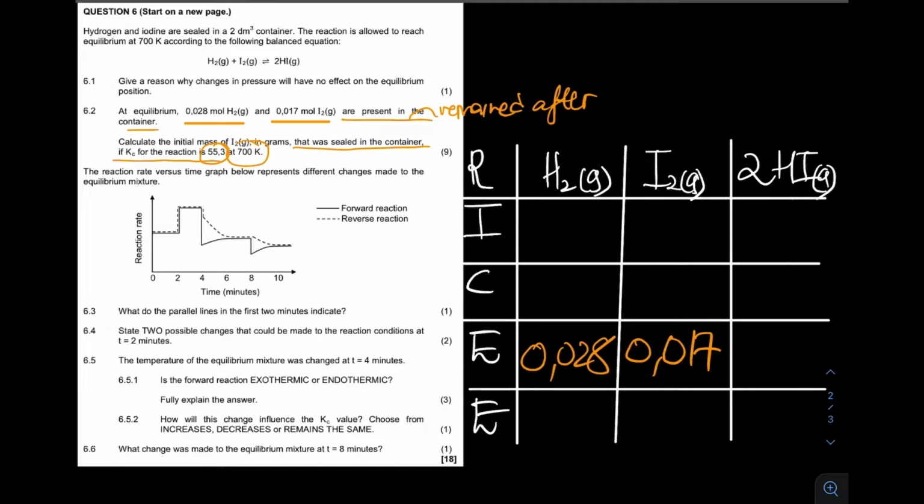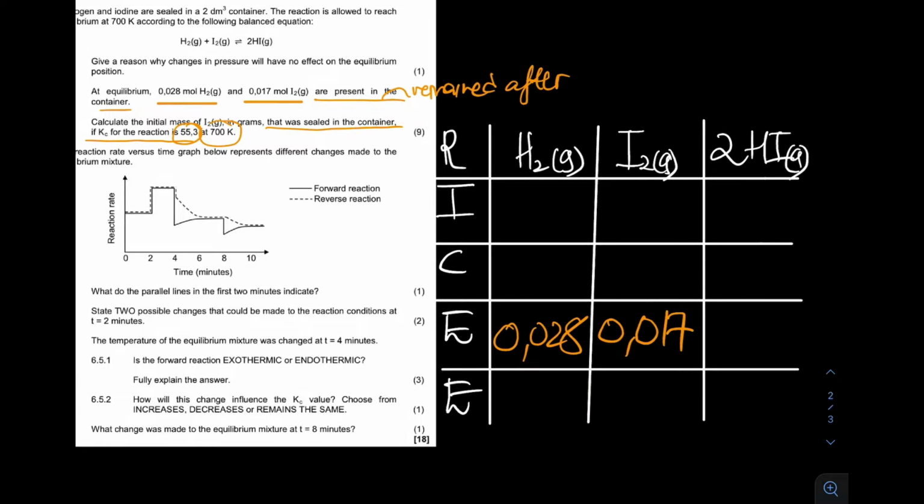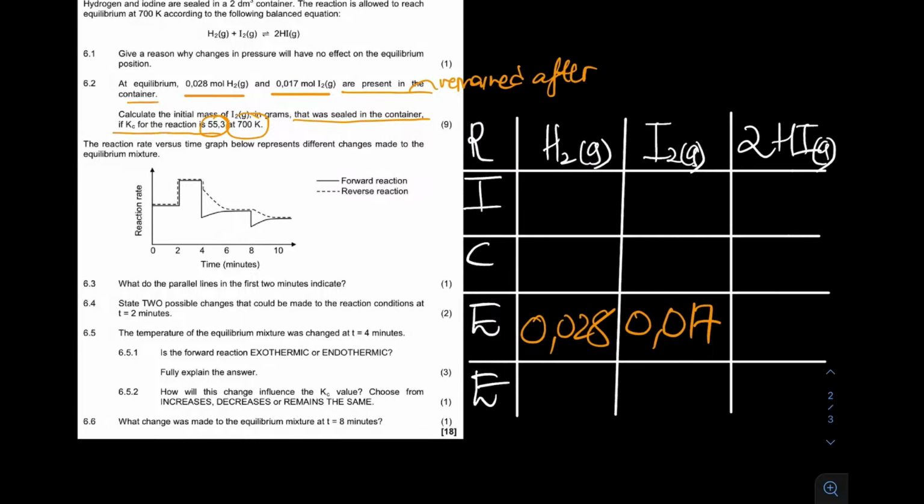And now we do not know the concentration of the hydrogen iodide, which is the product. So we can convert this number of moles at equilibrium into a concentration at equilibrium, because we're given the volume. I will use the formula that says C is equal to n over V, which is 0.028 divided by the volume that we're given, which is 2.